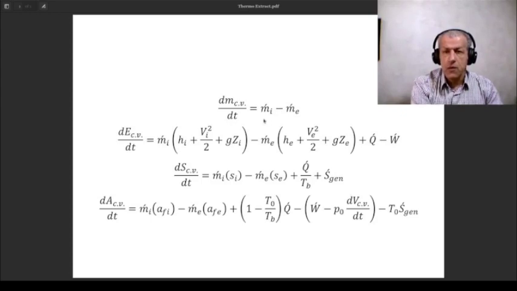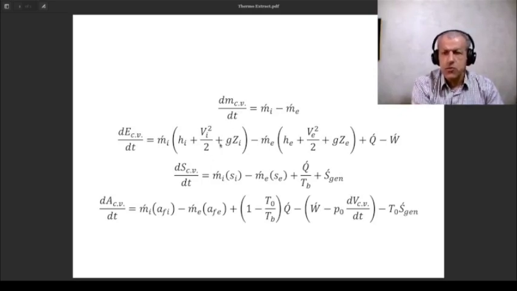Now, by the time the student comes to learn these things, almost all major thermodynamics textbooks that I know of repeat almost a similar pattern these days.